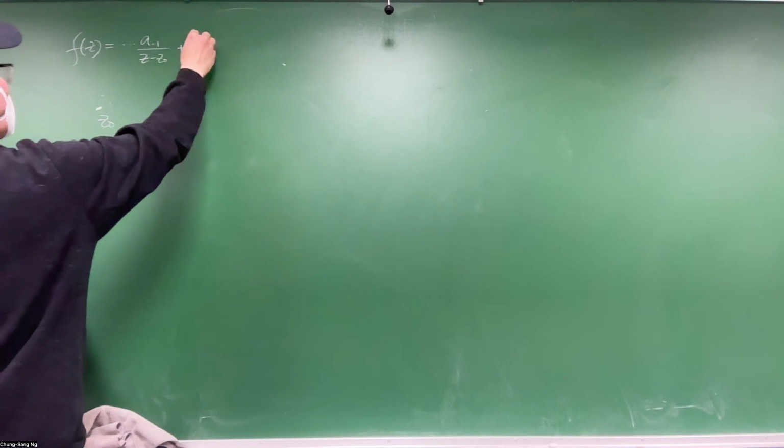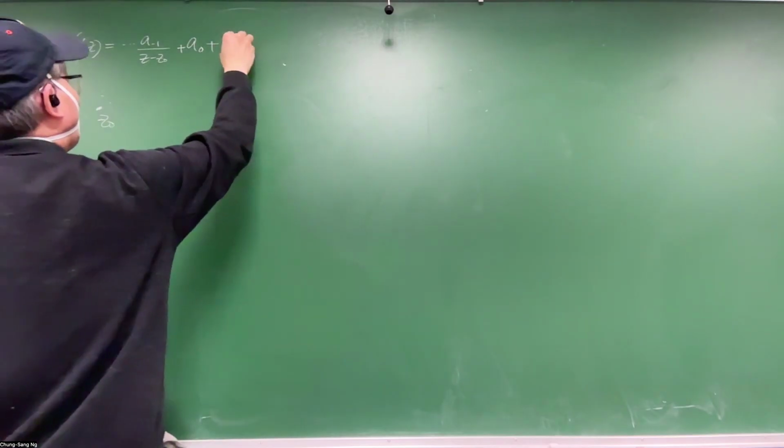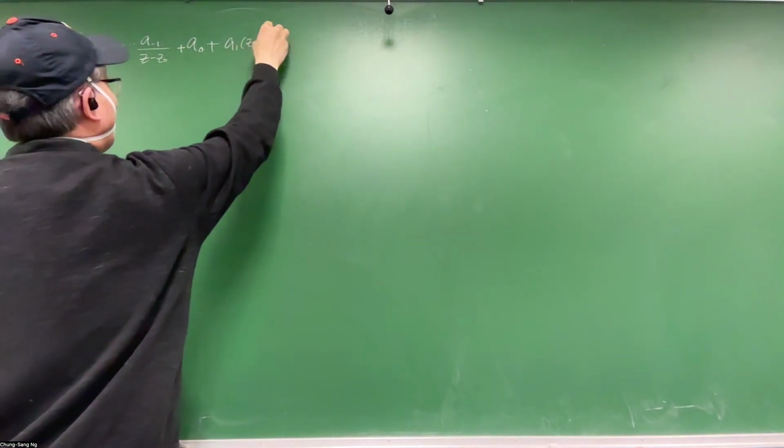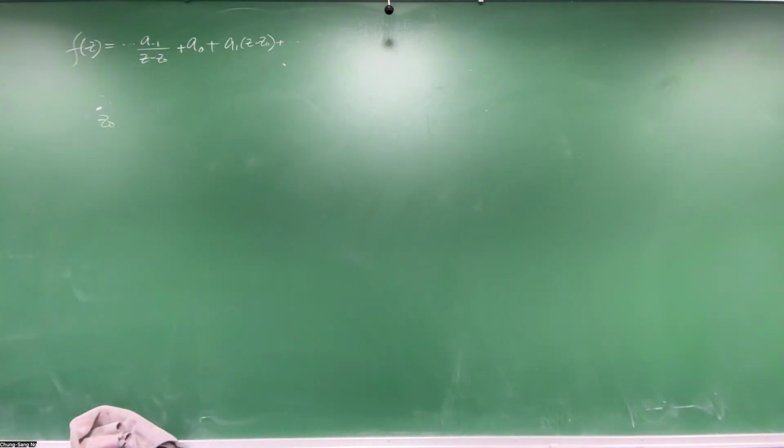And then a sub 0, obviously constant, and you can have a sub 1 and a sub 2 as other terms, right? That's the Laurent series.